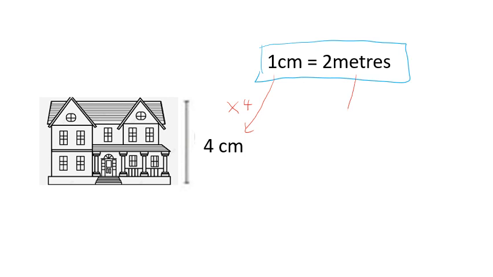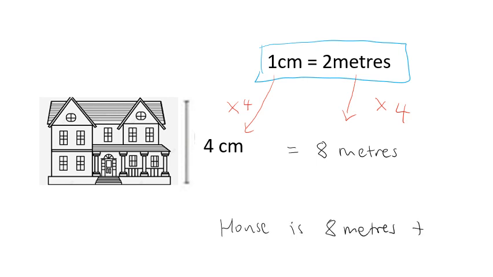So that means I need to multiply this number by 4 as well. So 2 times 4 equals 8. So 4 centimetres equals 8 metres. So the house is 8 metres tall.